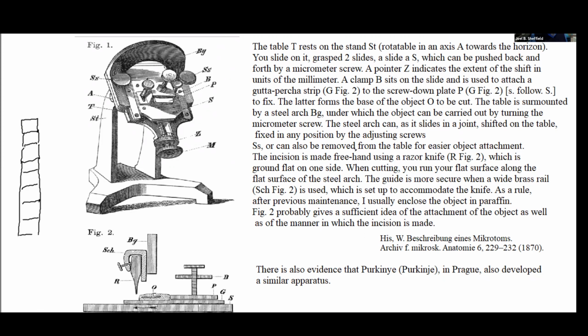You can try and read this, see if you're any better than I am. This text is actually the Google Translate version from a German text from this paper. So I went in and I dug up the paper, and I've really been trying to make some sense of it.